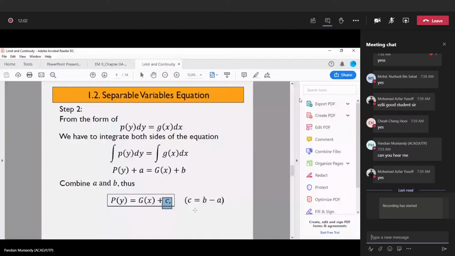You look at the Euler method, there is no c. When you solve the first order numerically, you are already given the initial condition. This is the thing that we are going to study today, solving the separable with initial condition.